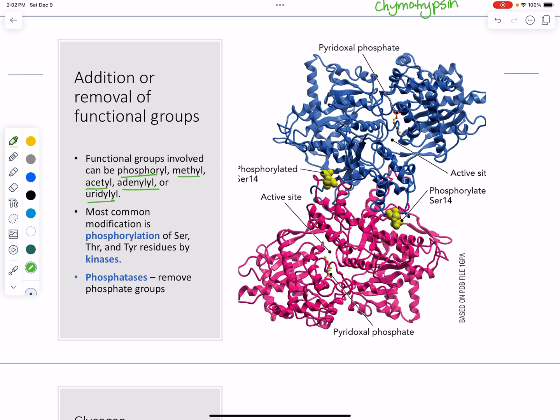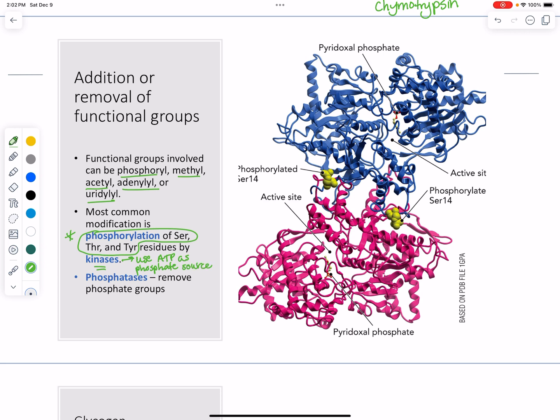The most common thing is phosphorylation of a serine, a threonine, or a tyrosine. This is the most common modification for turning things on and off quickly. They're done by kinases, which use ATP as a phosphate source instead of inorganic phosphate.